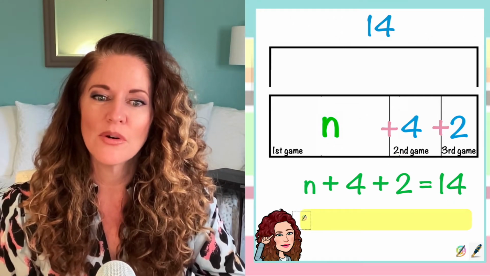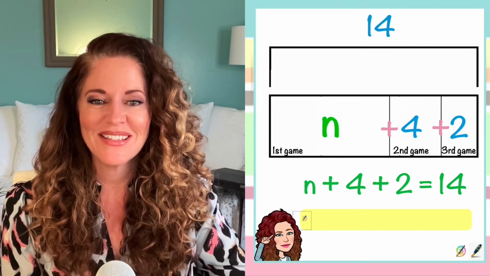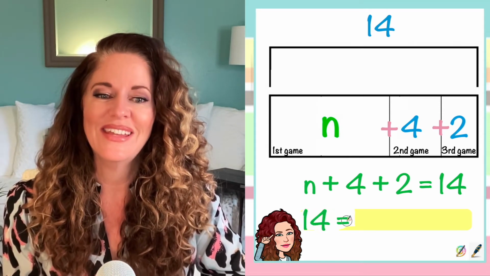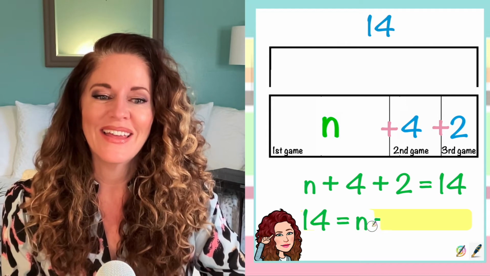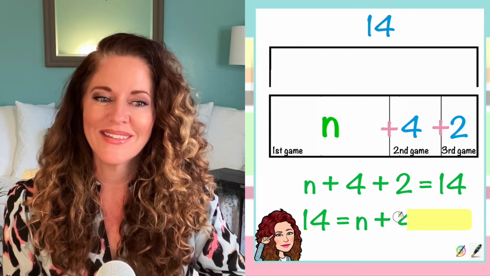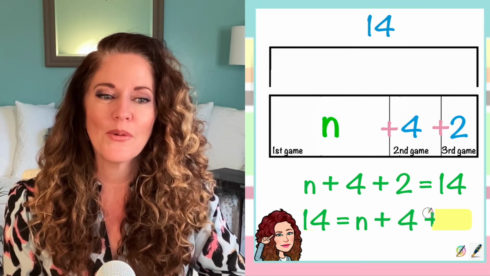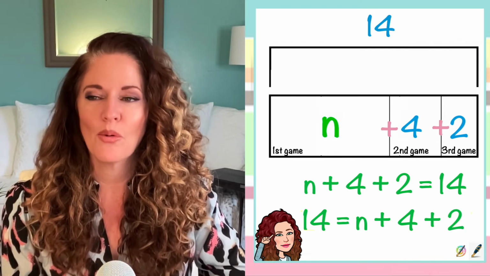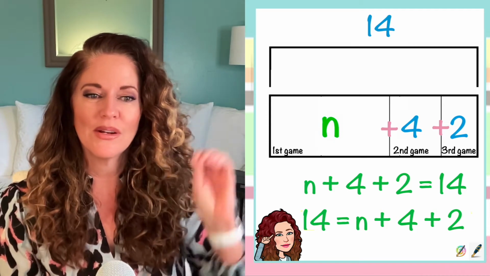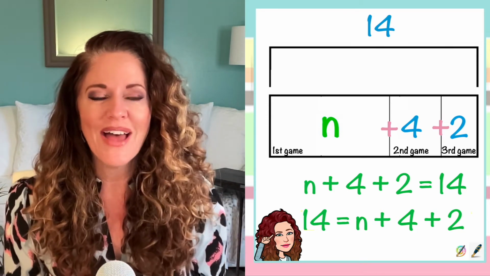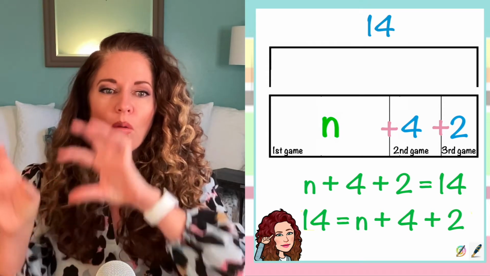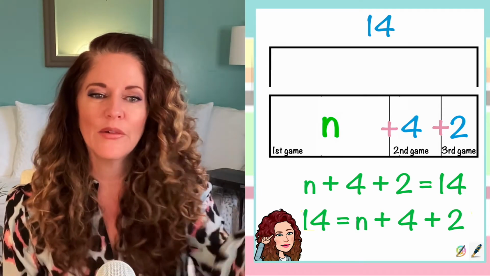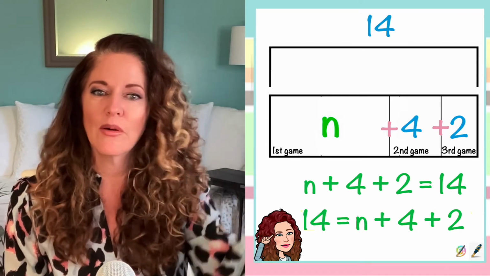To start with the 14, it would look like this, and you're going to write this with me on your boards. 14 equals N plus 4 plus 2. Now it matches our actual problem, okay? So we wanted to start with that 14. And we can do that. We can put that whole at the front of our equation or the back of our equation. That equal sign tells me I can actually move it on either side.